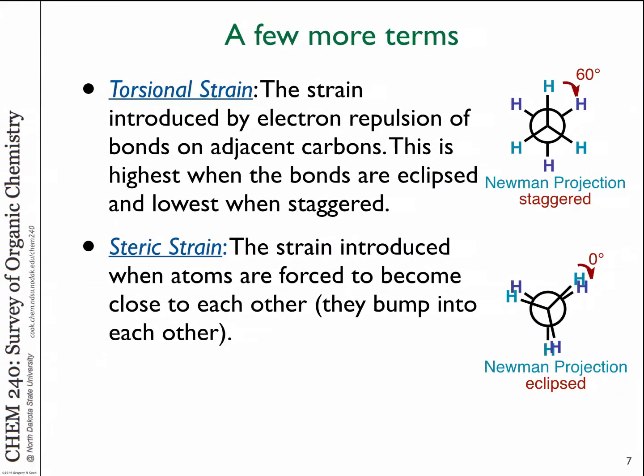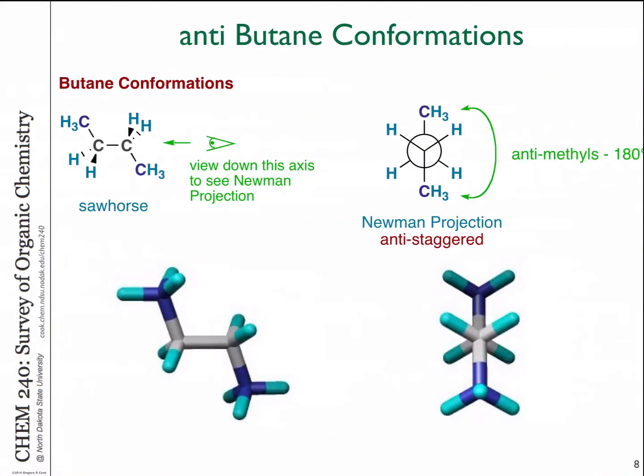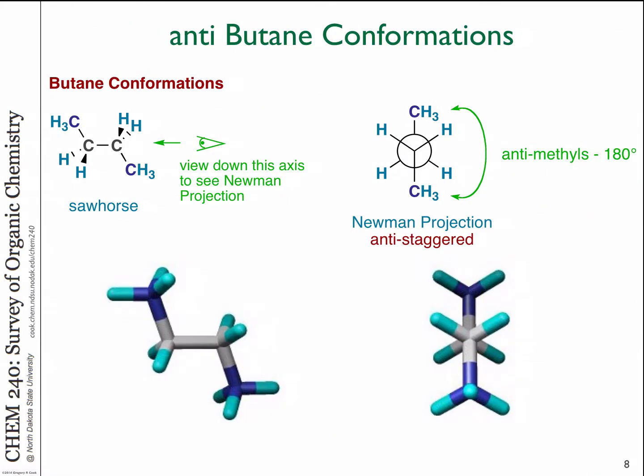Move forward. These strain energies that come into play, especially the steric strain, if we have larger groups, like in butane, now we have a different relationship between the groups if you're looking at the middle 2 carbons and down along that axis, as I've represented here.